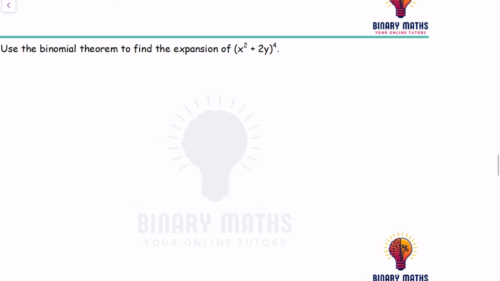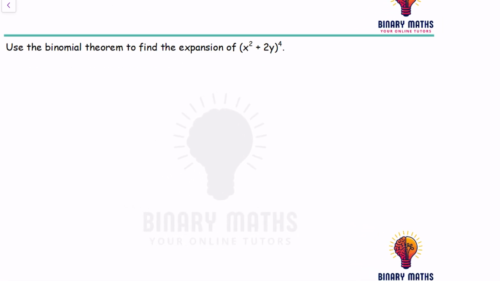Okay, use the binomial theorem to find the expansion of x squared plus 2y to the power of 4. So in this case, your a is x squared, your b is 2y, positive 2y, so you can just write 2y, and your n is 4. So x squared plus 2y to the power of 4 is x squared raised to the power of 4, the highest power.